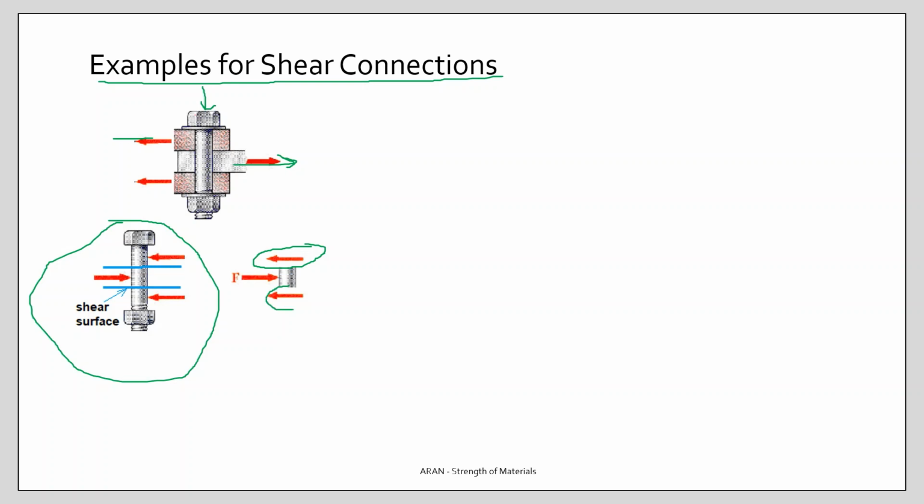Well, these are my shear forces. If you have two forces, the force acting on each of these surfaces is F over 2, and you have the area, and so you can find the average shear stress.